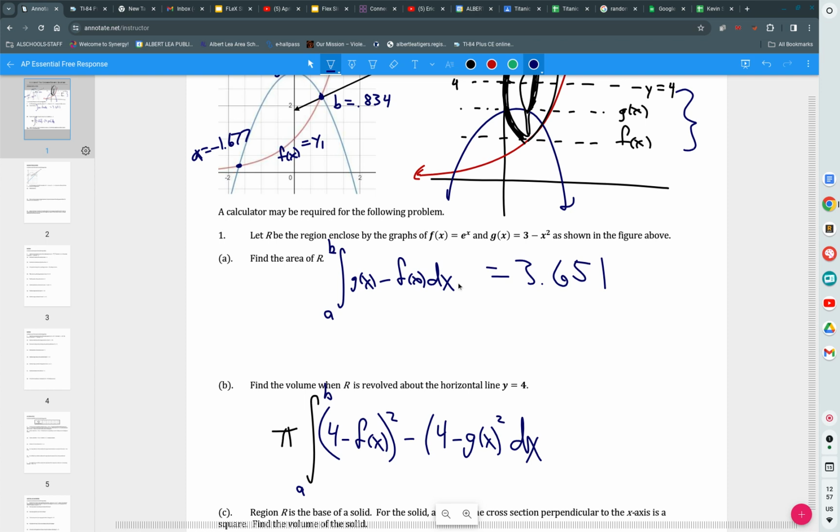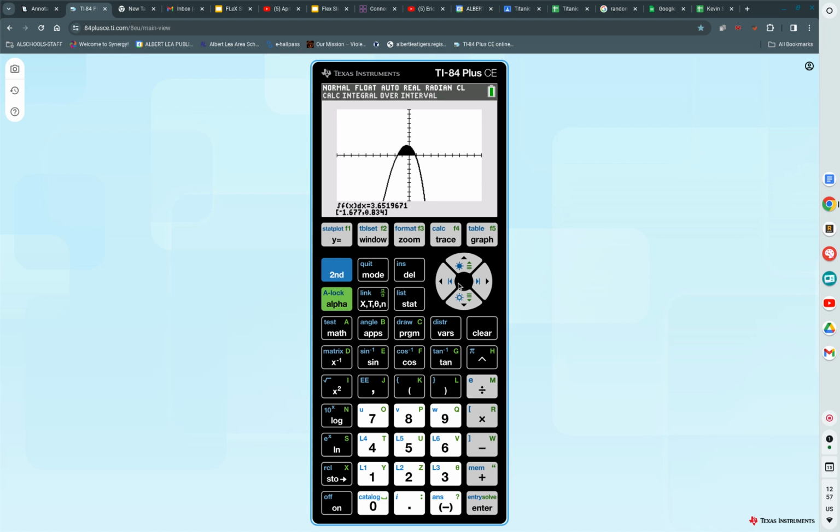Are we okay to leave that, or do you want to plug this in the calculator? Okay. We got y is equal to, I'm not going to do the top minus bottom anymore. I will do parentheses, 4 minus, and I'm trying to remember, it was y sub 1, wasn't it?